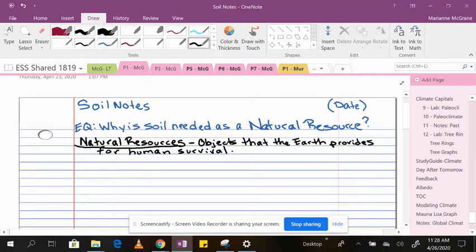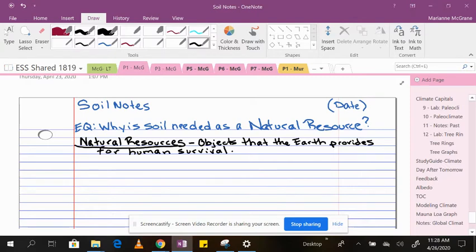Okay, these are the objects that Earth provides for human survival. Without these, we would not be able to survive. So this really becomes more of our needs rather than our wants. That's a really good way to think about it. Natural resources would be our needs, not the things we want to help us be more comfortable on Earth, but these are the natural resources that we need for survival.